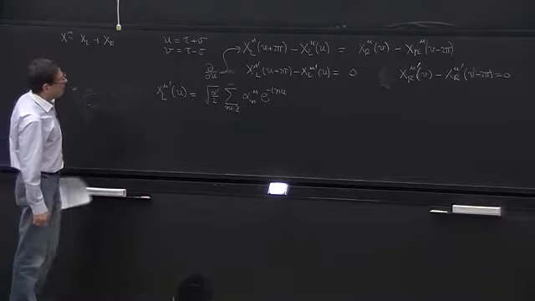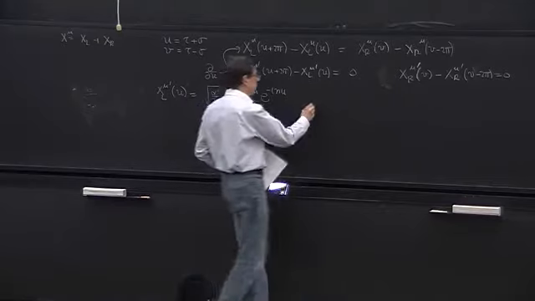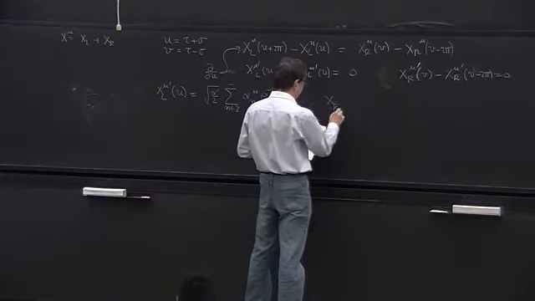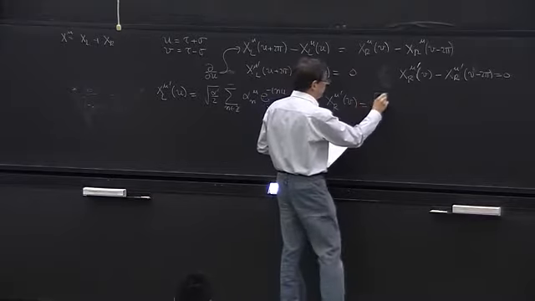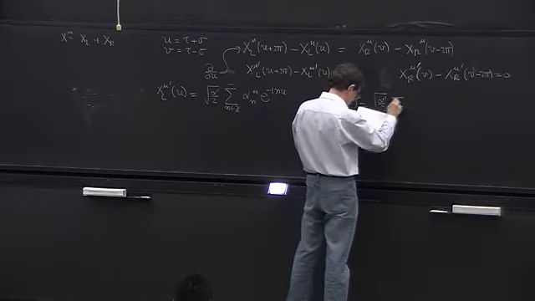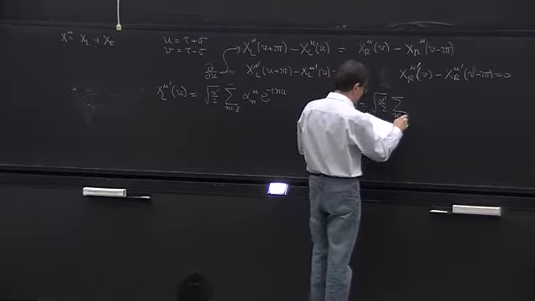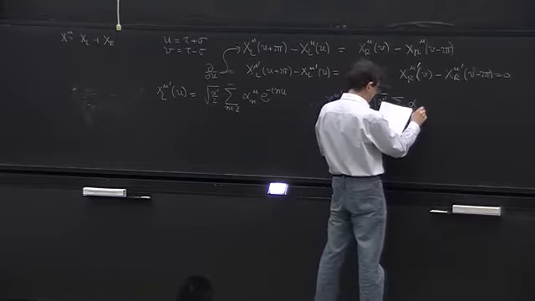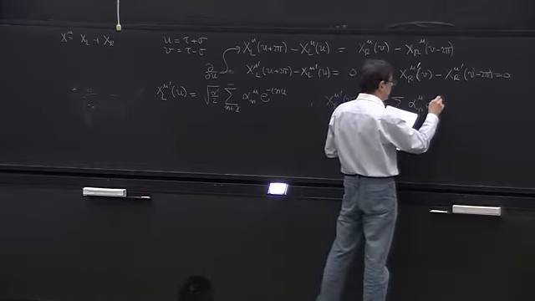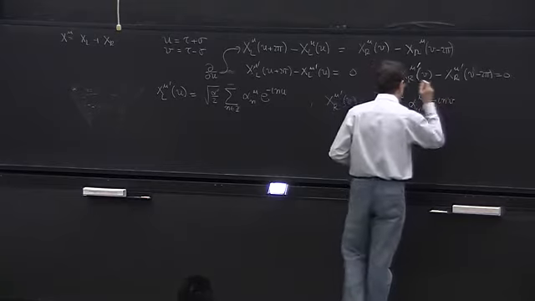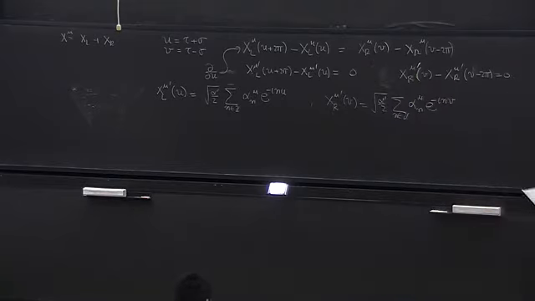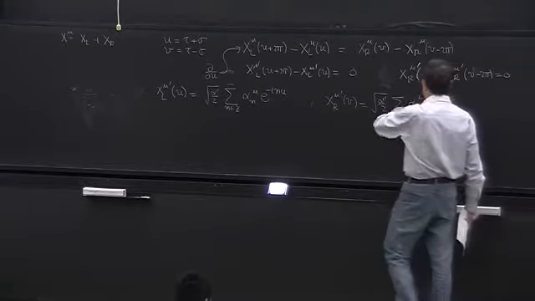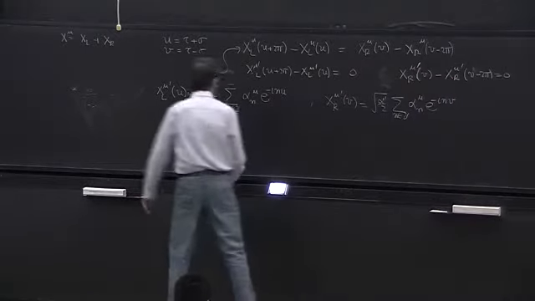For the other one, for the x right, we'll write the following. X right mu prime of v, also square root of alpha prime over 2, sum over n over the integers, alpha n mu e to the minus i n v. But actually, if you see this, these two waves are totally independent. The oscillators shouldn't be the same.